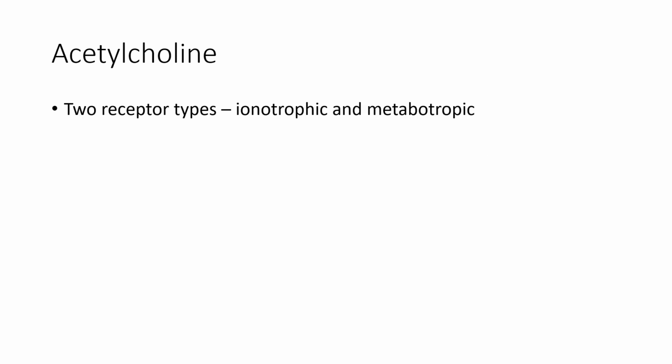There are two different types of receptors that receive acetylcholine. One is inotropic and one is metabotropic. If you remember from previously in this lecture, inotropic means that the acetylcholine binds to the receptor site and ion channels open and action potential happens. So it's a direct binding.